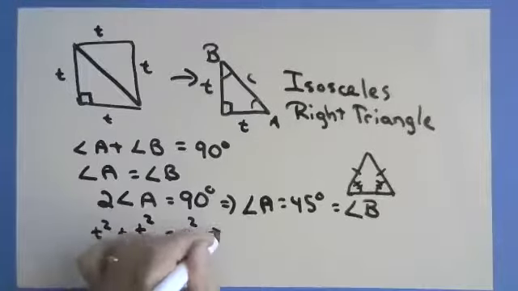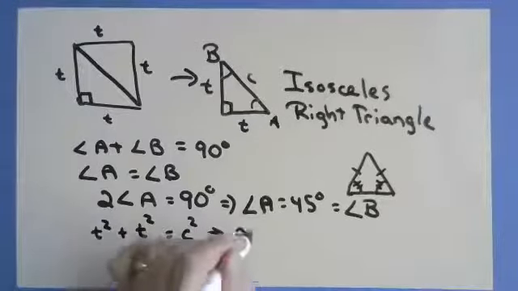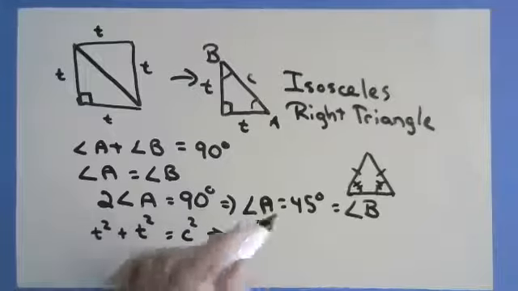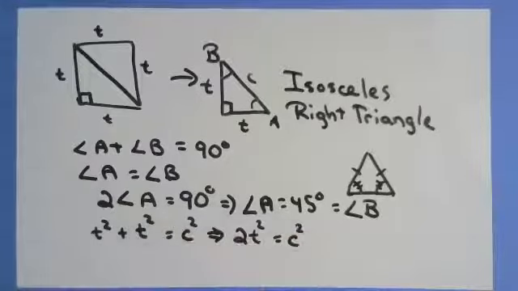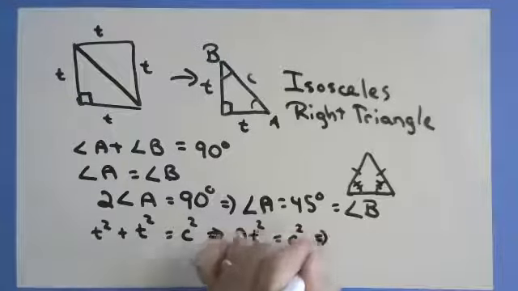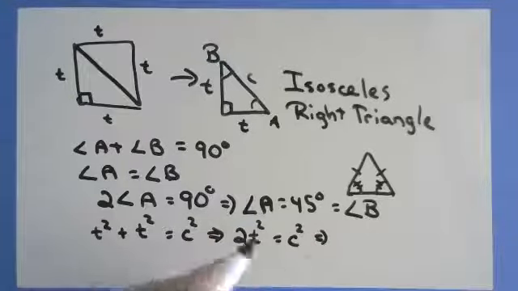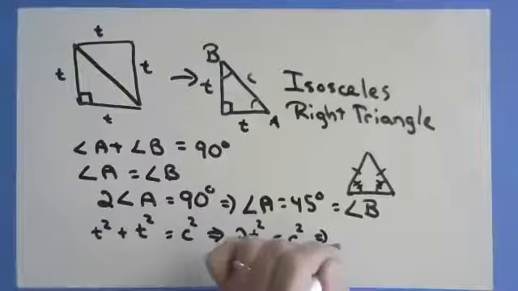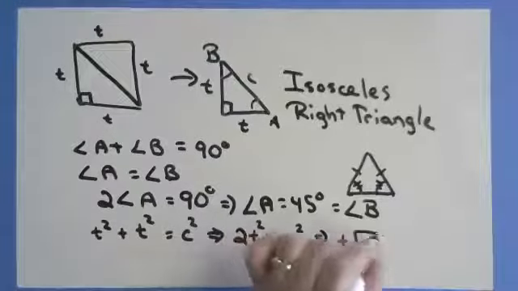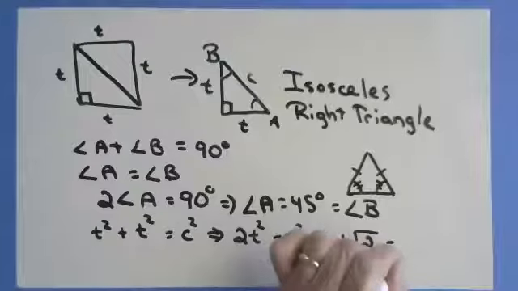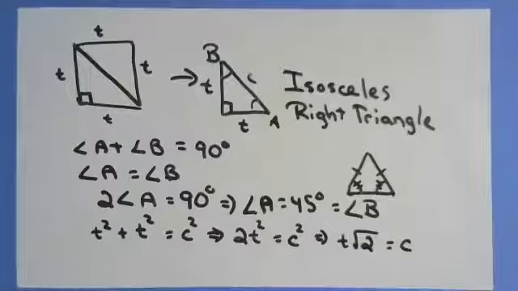And that means that twice the square of one leg is equal to the square of the hypotenuse. And that means if I take the square root of both sides, the length of one of the legs times the square root of 2 is going to be the length of the hypotenuse.